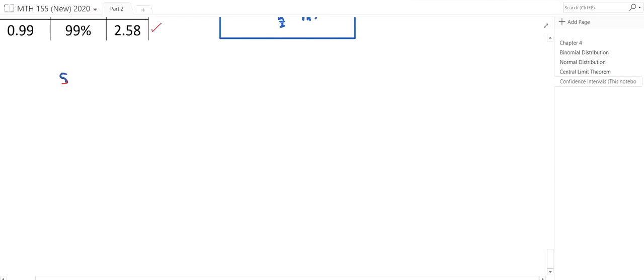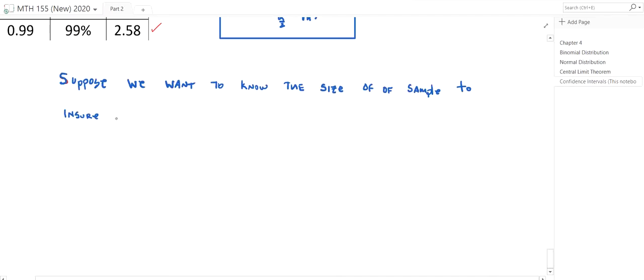Suppose we want to know the size of our sample to ensure an accurate measurement.